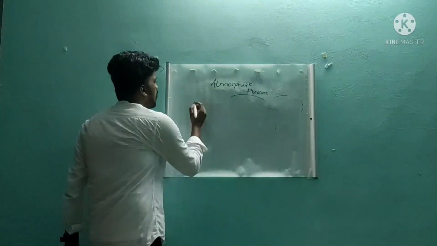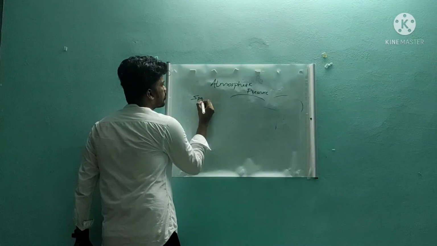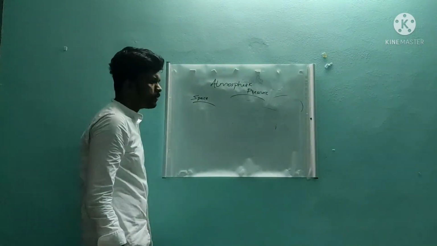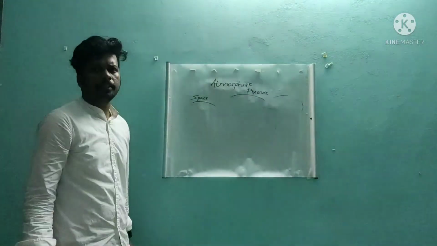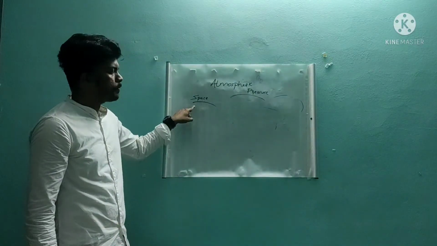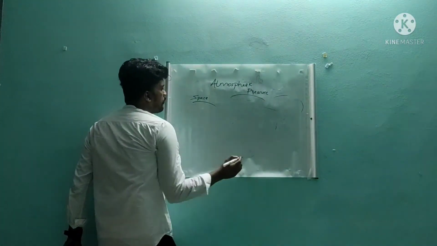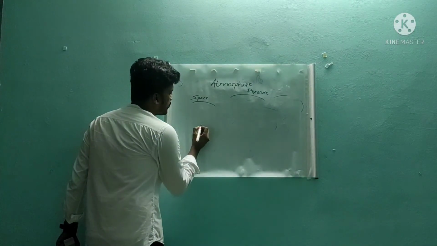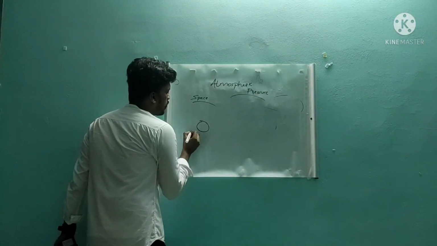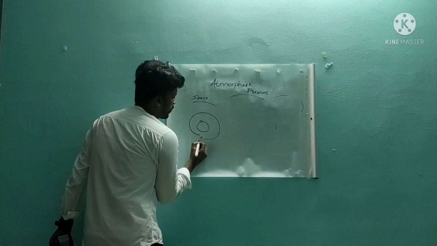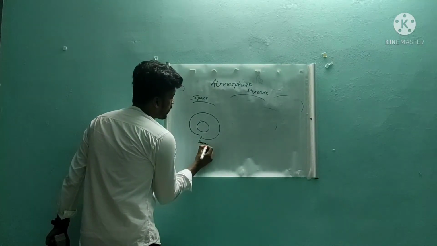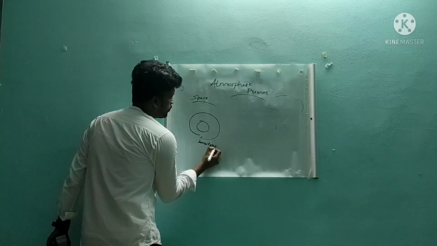Lastly, let us look at space. What is happening in space? Can you say anything? What will happen in space? We have always studied about this Earth and this atmosphere. The envelope of gases is the atmosphere.